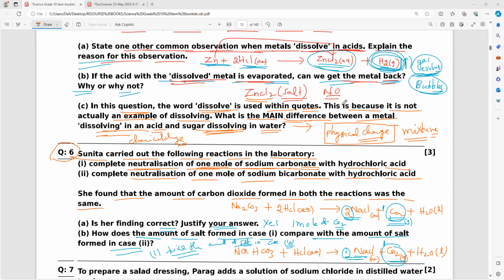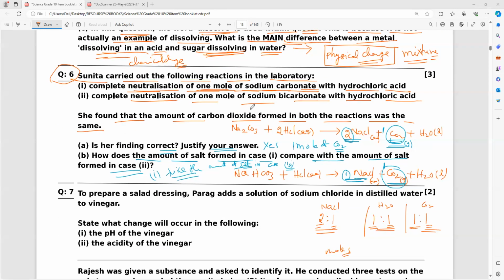When the same sodium carbonate reacts with H2SO4, sulfuric acid, we will get 1 mole of CO2.